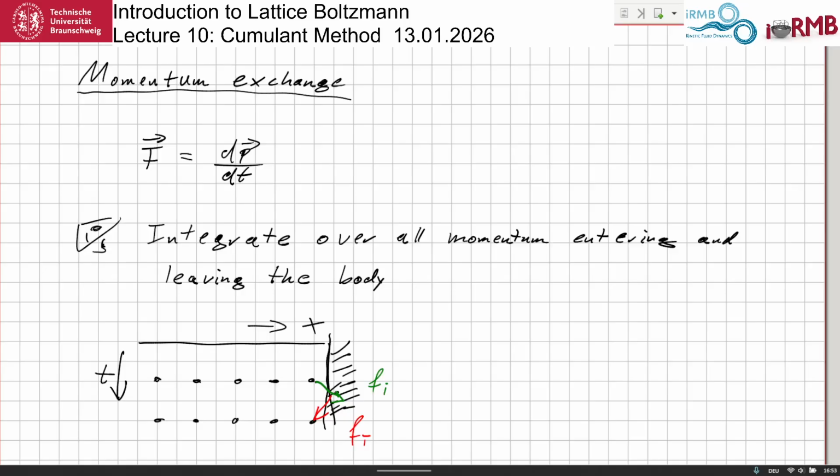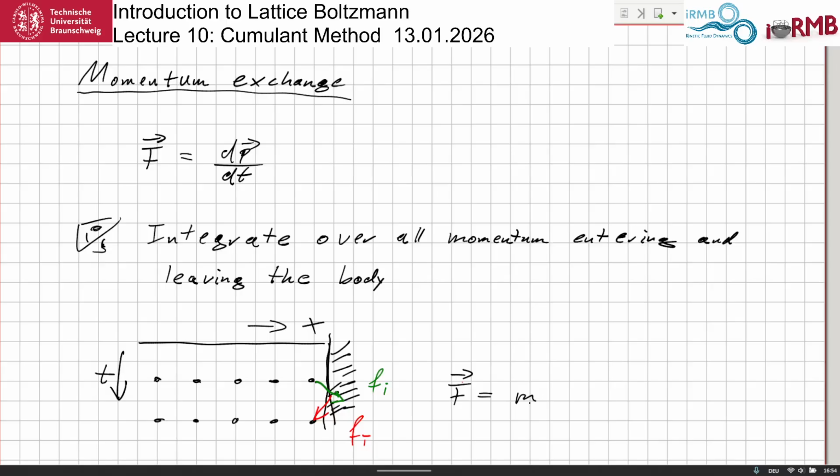So now, what is the force that is acting on the body? The force that is acting on the body is formally, in order for it to be a force, you have to add a mass. But later, if you compute the CD value, you also divide by the density, so there's a mass again. So if you just want to compute CD, you don't need this mass, right?